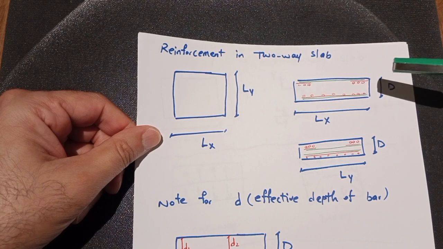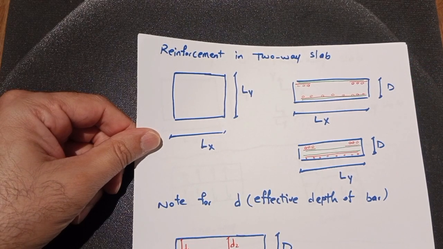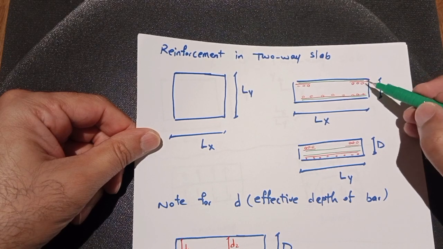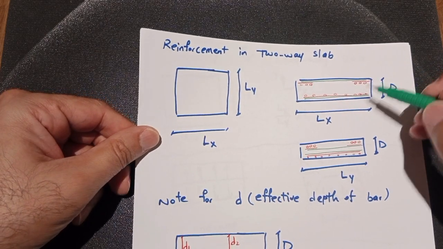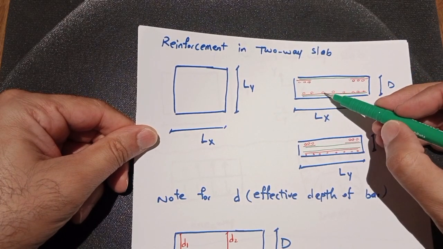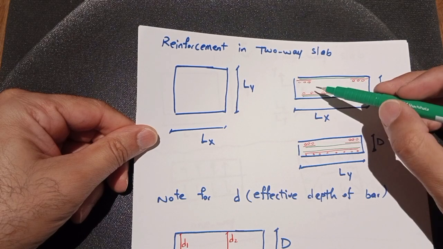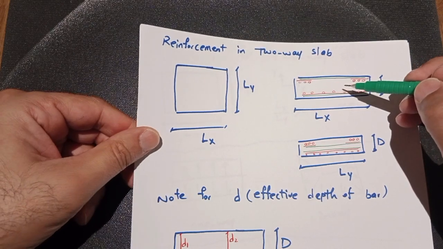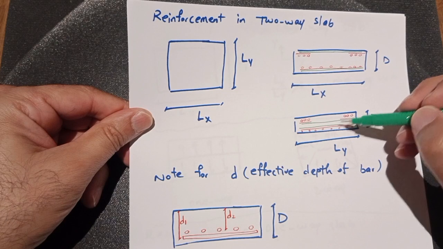So you have reinforcement for strength and deflection for Lx that you're putting here at the bottom, and again at the top in the negative bending area if you have it, and for the other direction you're going to have this reinforcement at the bottom, below the main reinforcement for this direction. And this is the same arrangement, but from the other view.